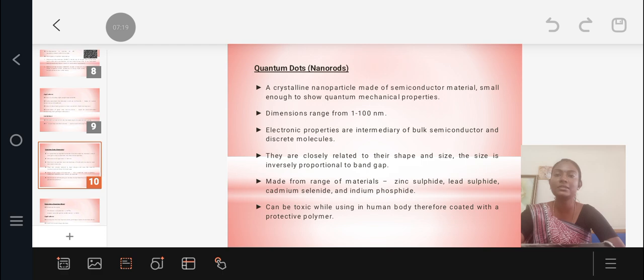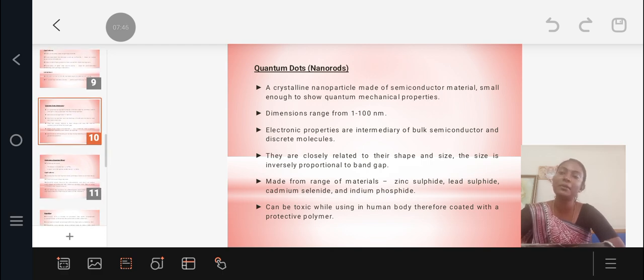They are closely related to their shapes and size. The size is inversely proportional to the band gap. Made from a range of materials: zinc sulfide, lead sulfide, cadmium selenide and indium phosphide. They can be toxic when used in the human body, therefore they are coated with a protective polymer.